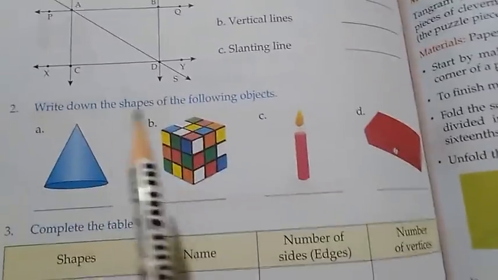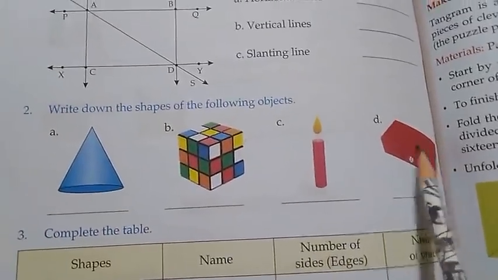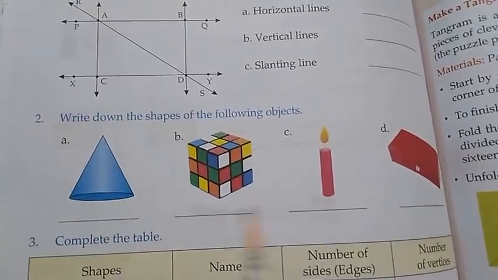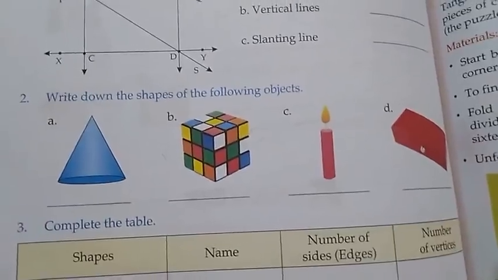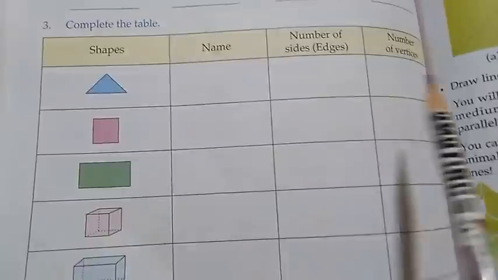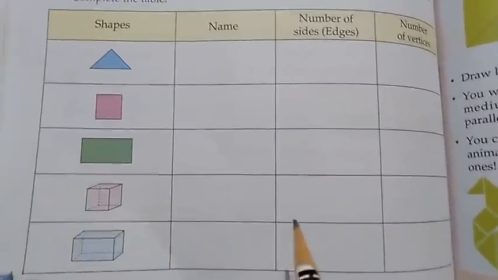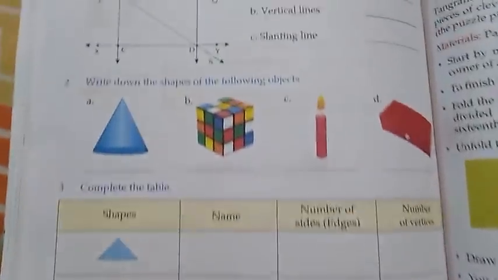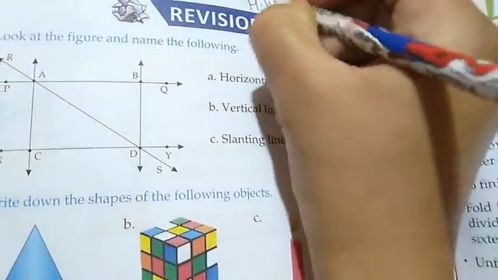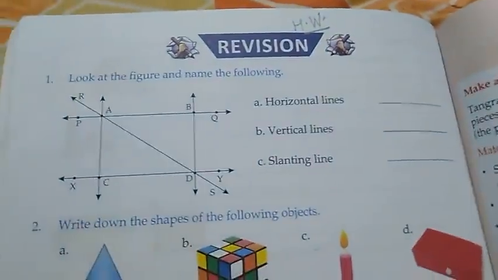And next, objects are given and you have to mention their shape here. And here shapes are given, you have to mention their properties. So this will help you to revise the chapter. This one is very easy and not time taking also. So this revision exercise is going to be your homework. You will do this yourself only, okay?